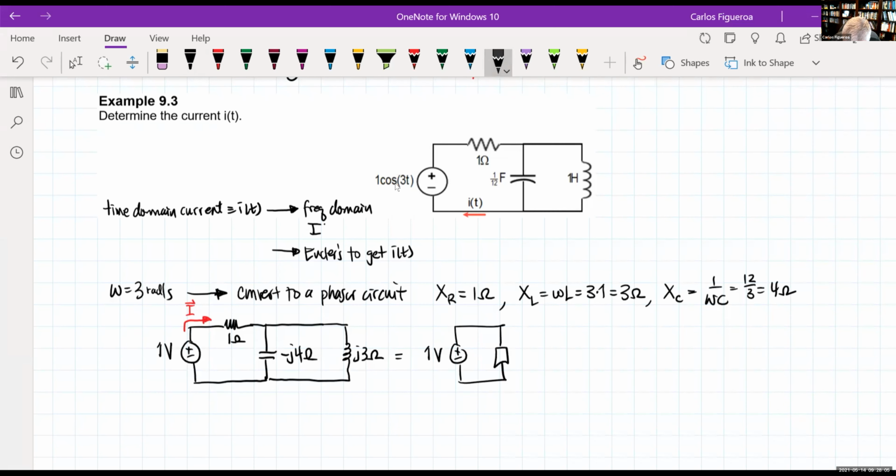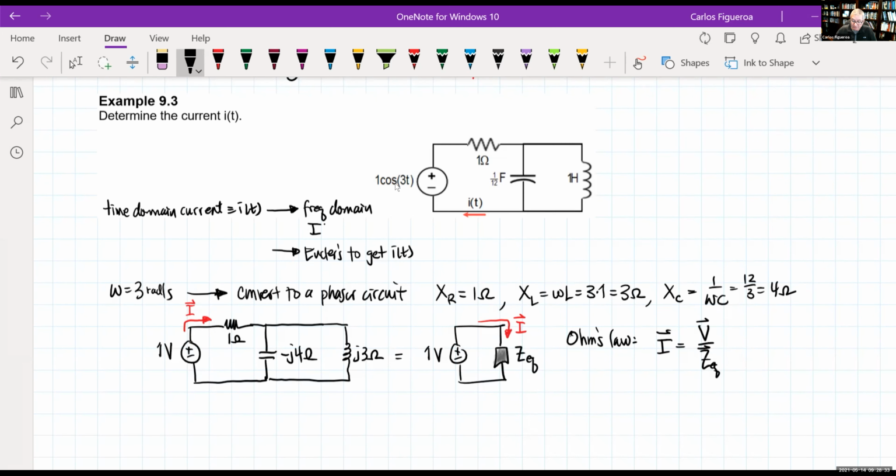And then this right here is going to be my equivalent, and then I have my phasor current coming in. So then I'm going to use Ohm's law. Ohm's law says that the current I should be V divided by Z equivalent.